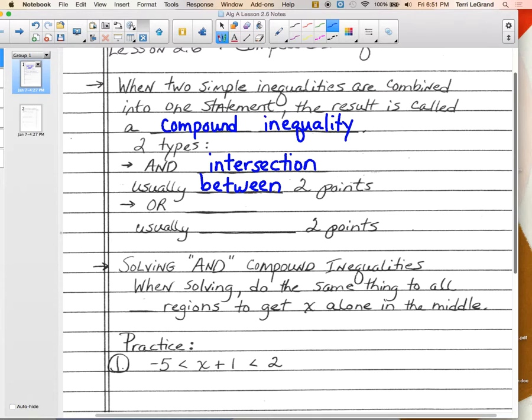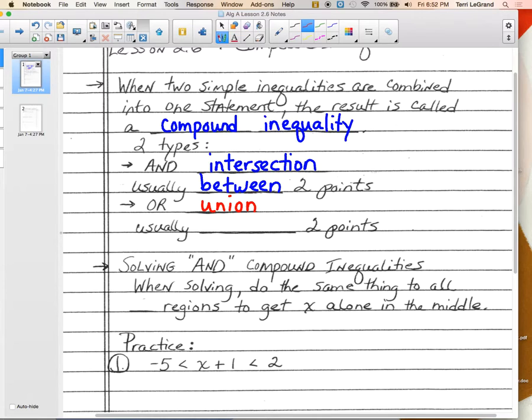The other type of compound inequality is the "or" one, which we call a union. We put them both together, and our solution only has to satisfy one or the other.